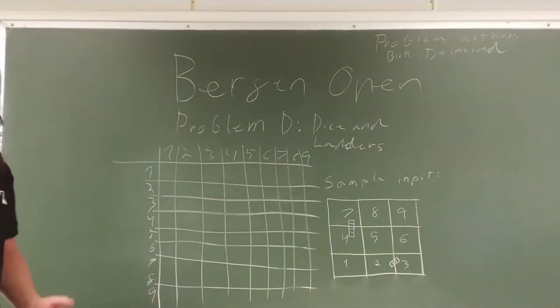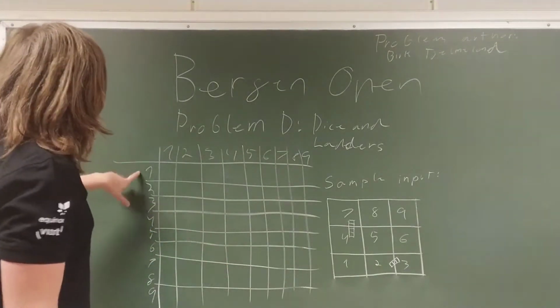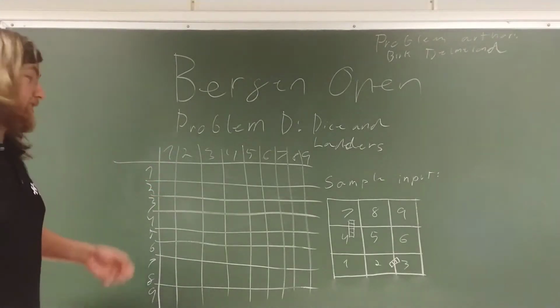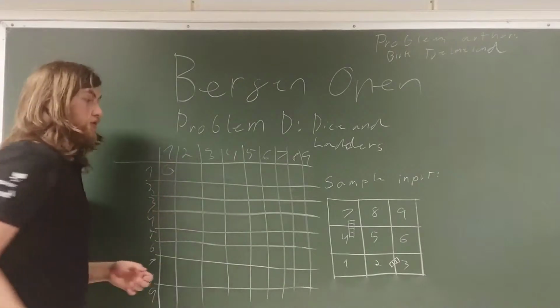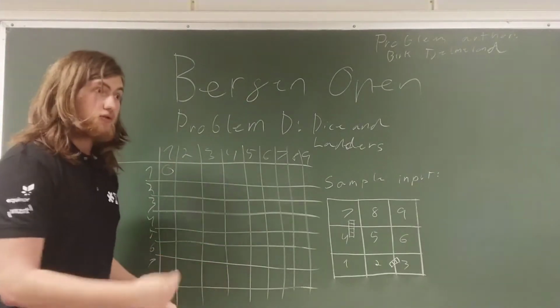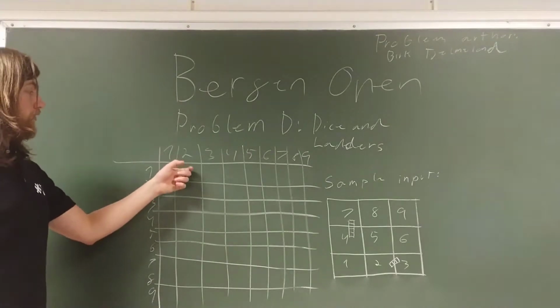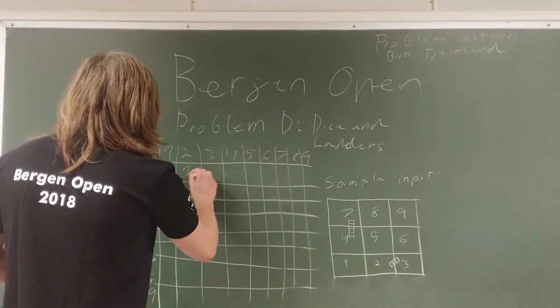Let's start filling it out. When we start at node 1, the probability of moving to cell 1 is 0, since we cannot throw a 0 with our dice. The probability of moving to cell 2 is 1 over 6.